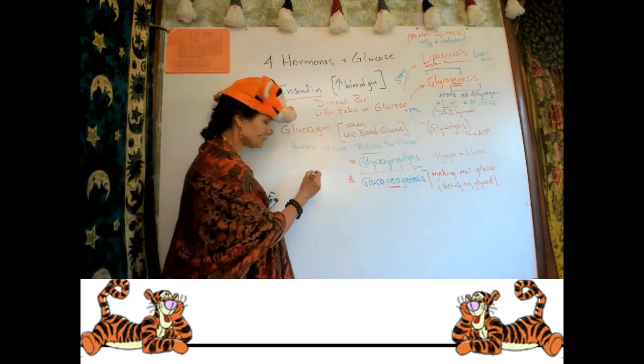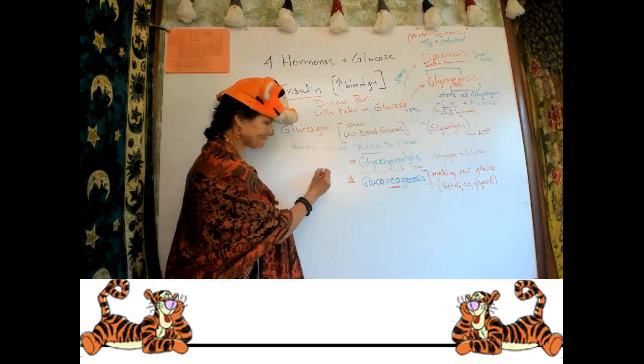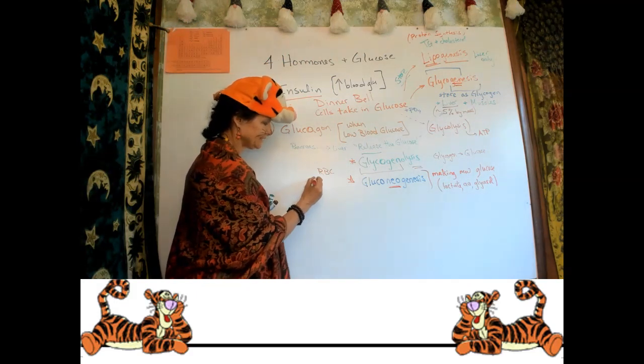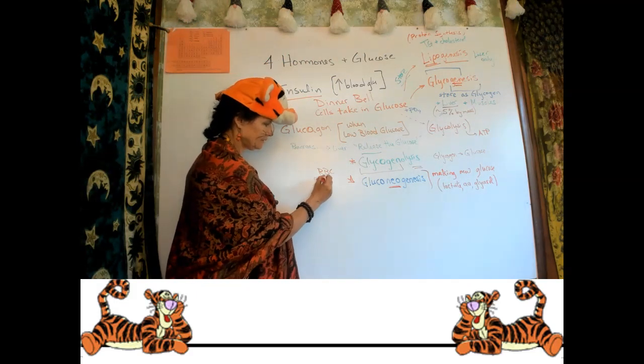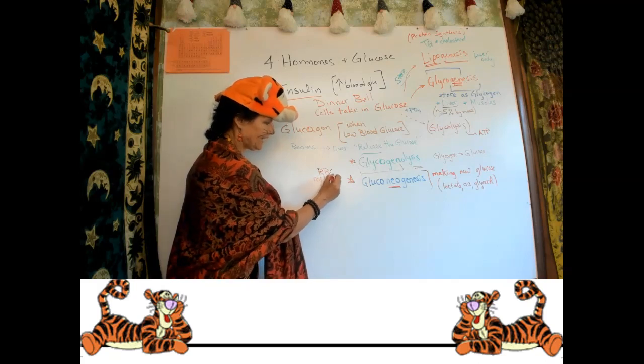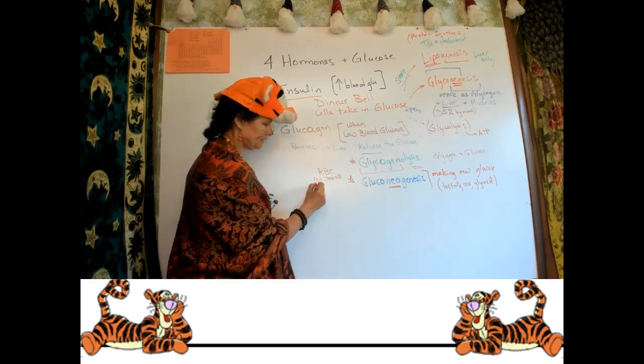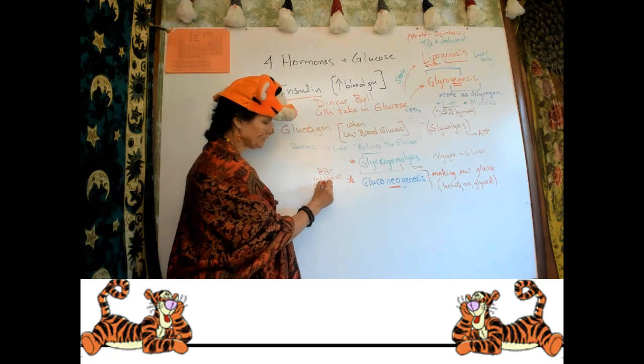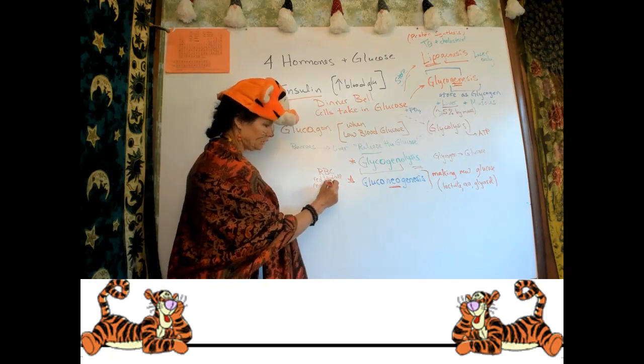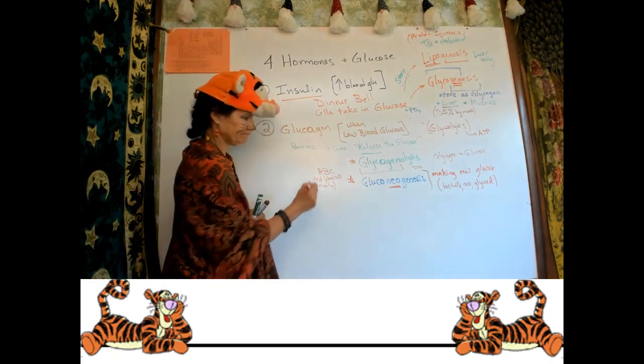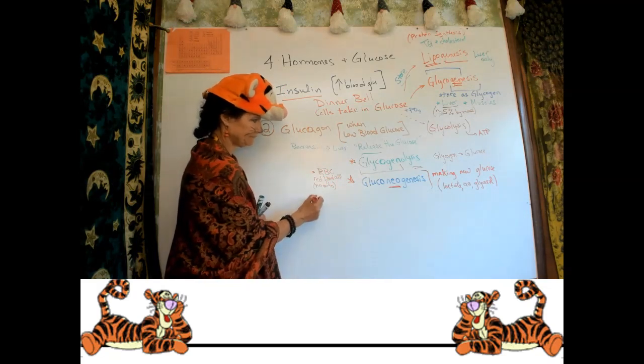A big one is your red blood cells, so RBC. Red blood cells have no mitochondria. They can only use glucose. So that's one.